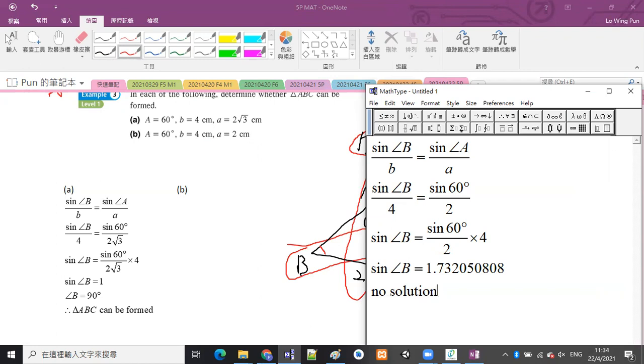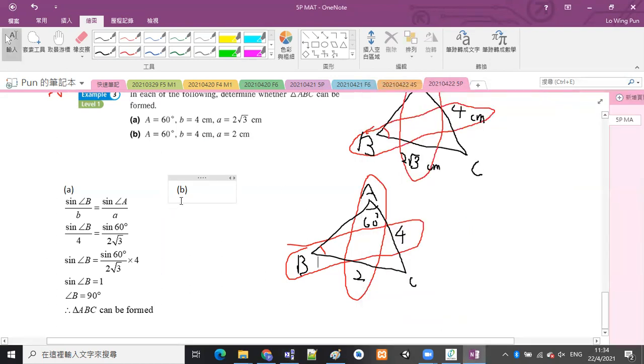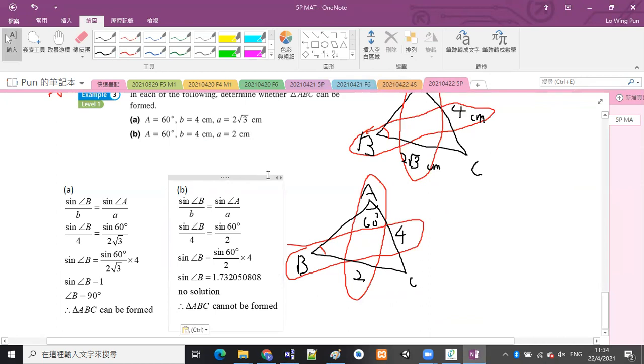Therefore triangle ABC cannot be formed, and that is the answer of part B.